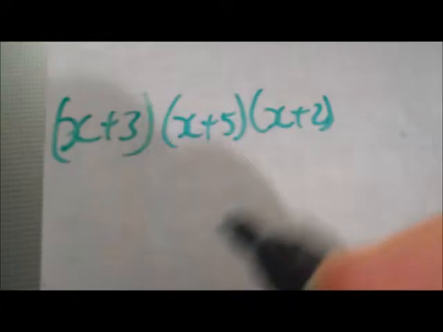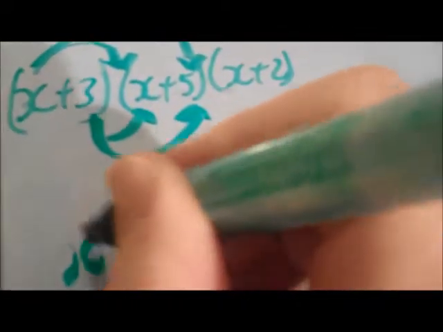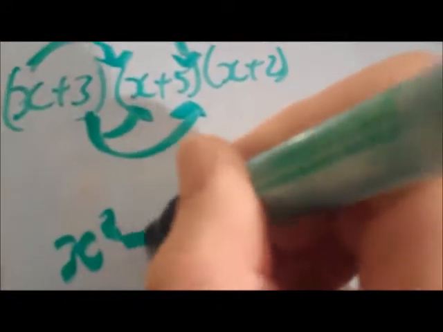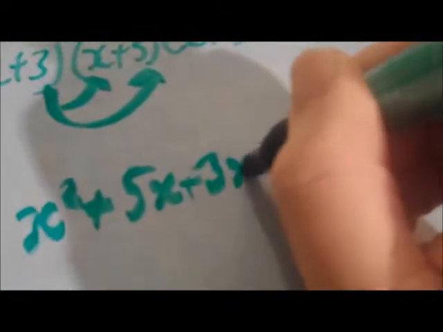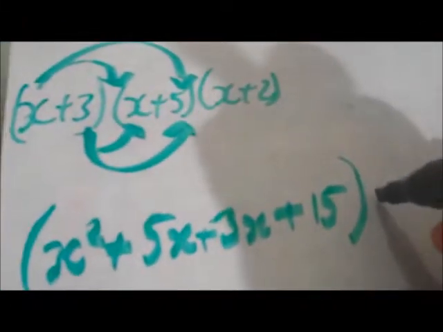So, for example, I might expand the first bracket out. I'd get x squared plus 5x plus 3x plus 15. And that all has to be multiplied by x plus 2.